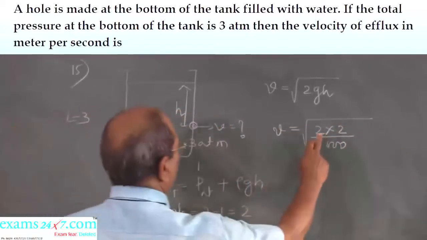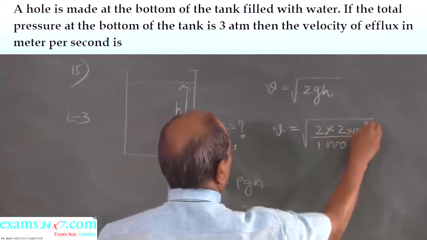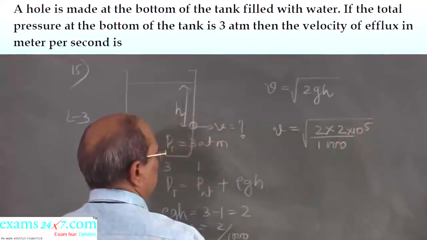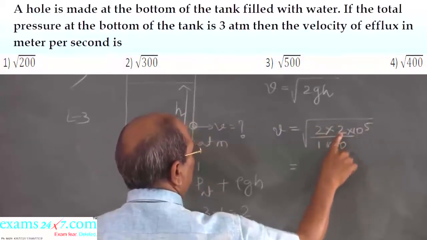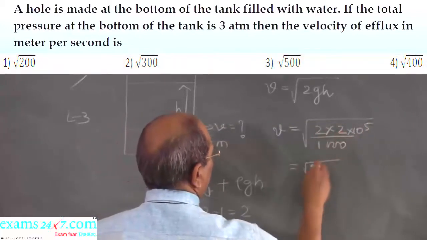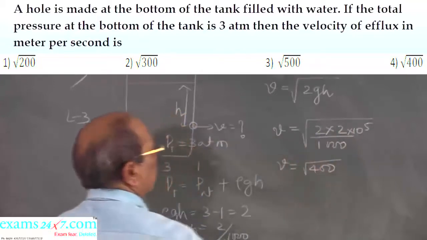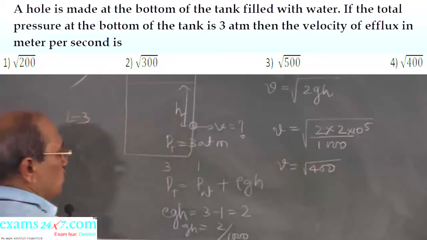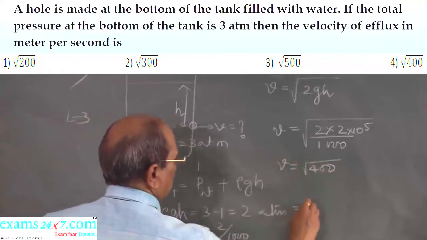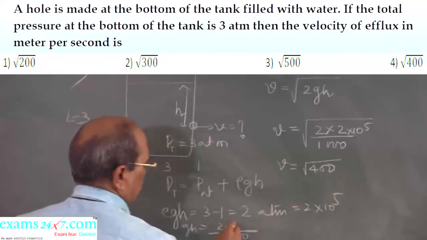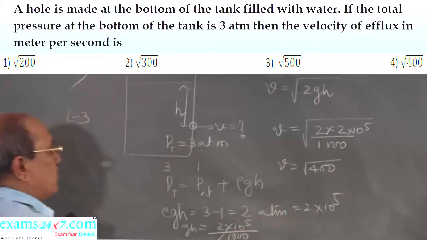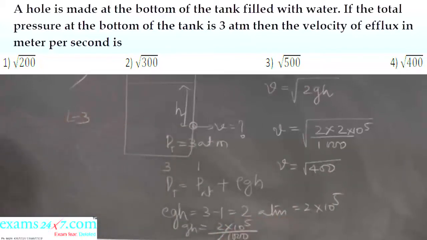It is 2 atmosphere, convert into 10 power 5, so 2 into 10 power 5 into 2 by 1000, cancels, remains 4. The answer is root 400.